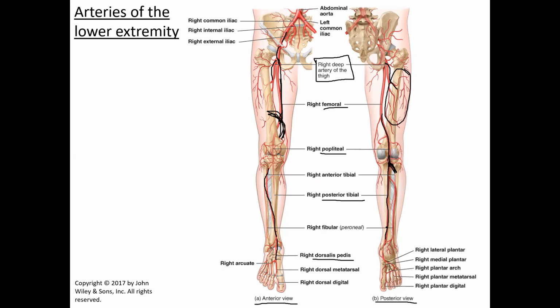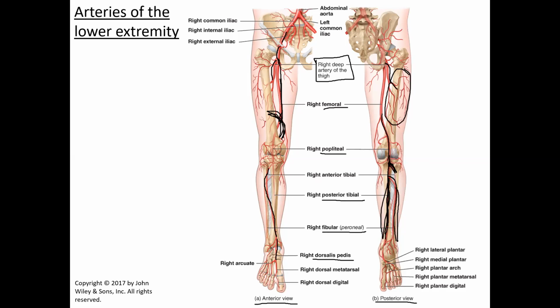Meanwhile, on the back, the posterior tibial artery is running deep to the soleus muscle along here. And it's going to give a branch kind of high. This is called the fibular artery or the peroneal artery. And that's going to supply the lateral leg.